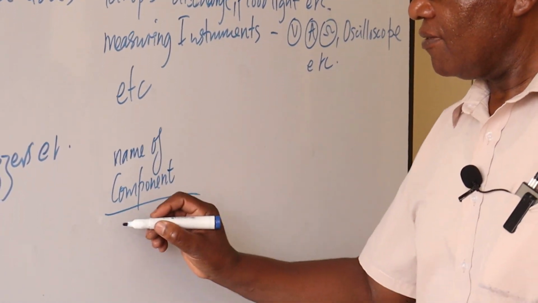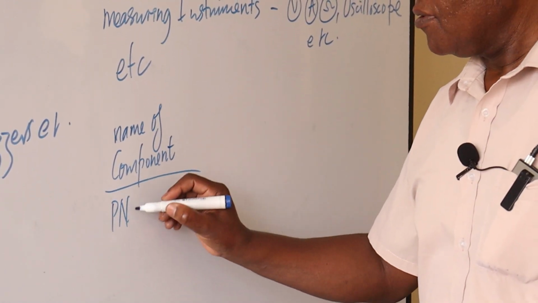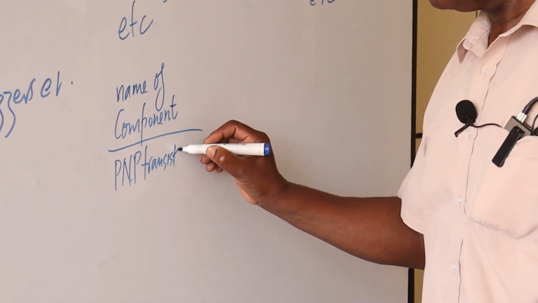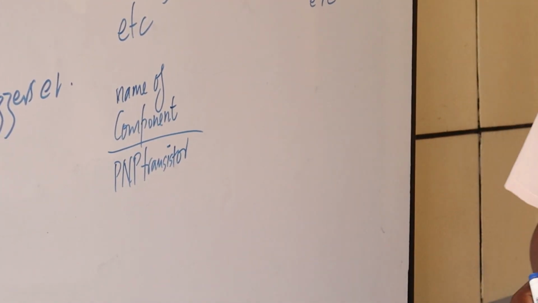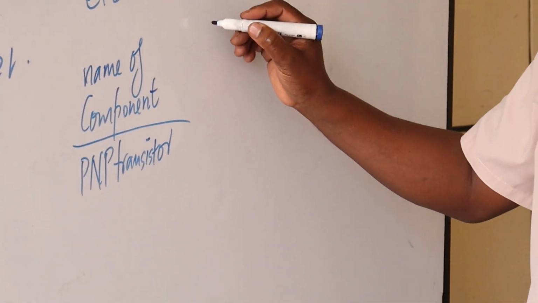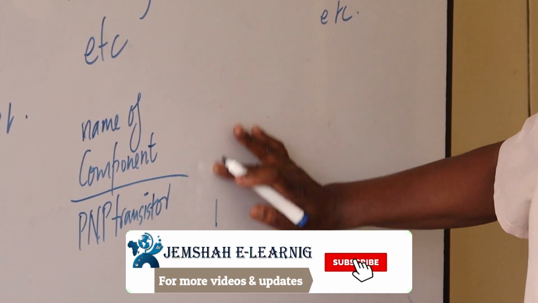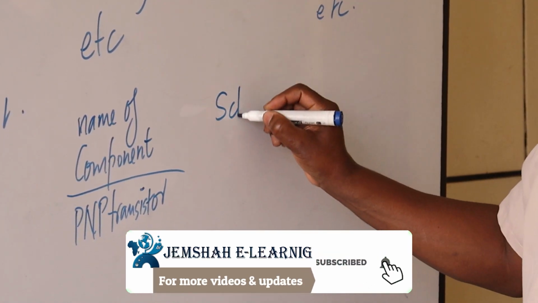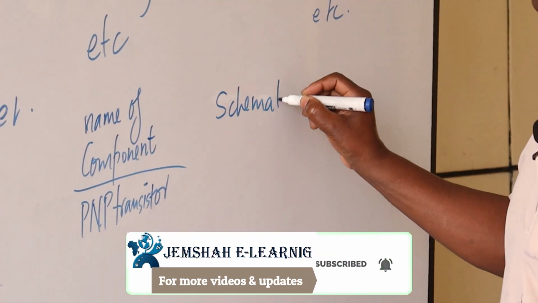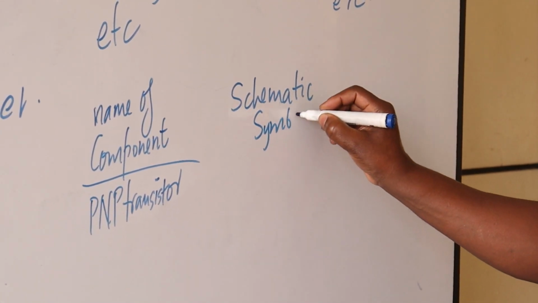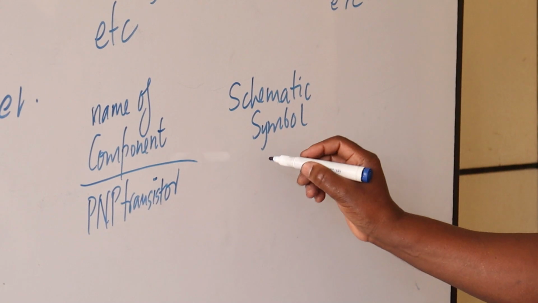For example, say, PNP transistor. Then you give the schematic symbol.